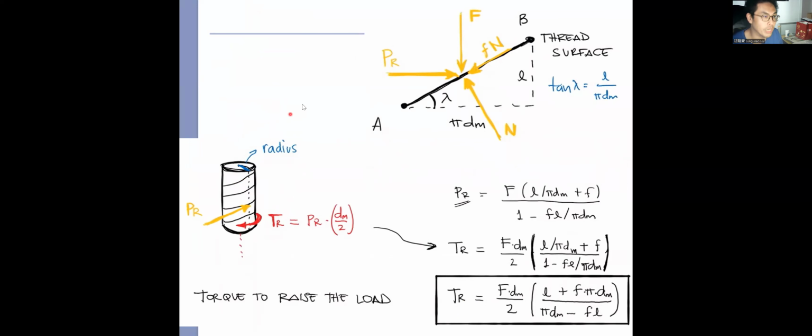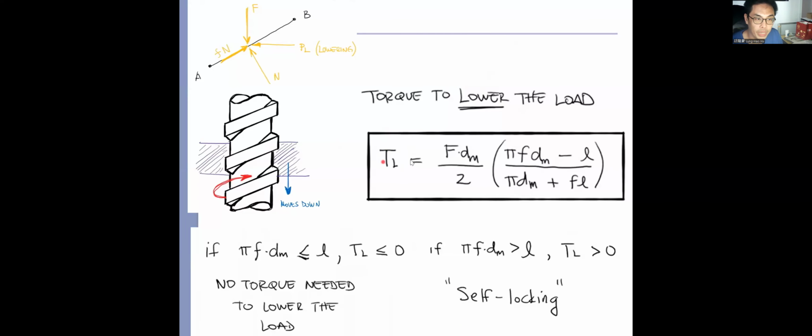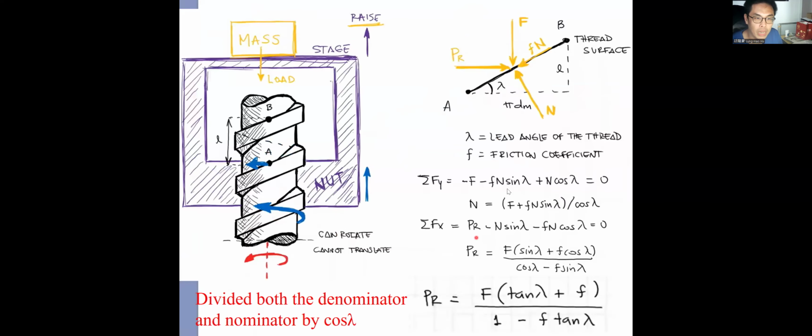The same applies if we lower the load: the torque we need is defined as TL. We obtain it by the same force equilibrium process, where we need the force PL to lower the load. Just repeat this force equilibrium to figure out the force and torque to lower the load.